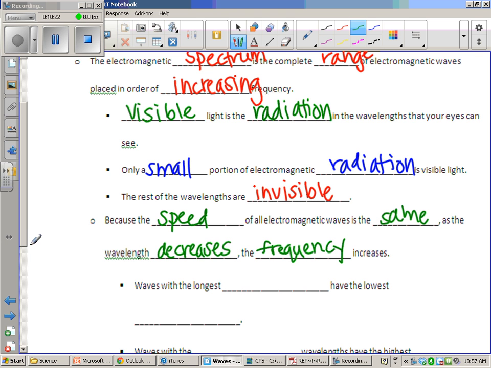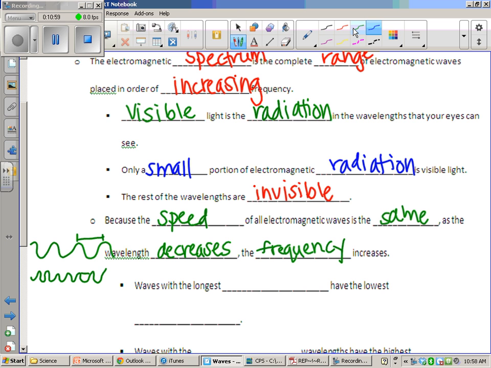So if we're drawing our transverse waves over to the side, we know that if we have a transverse wave where your wavelength is a little bit longer, okay, then your frequency isn't as high. Okay, but we'll draw another transverse wave where the wavelength is shorter, and we can see that because the wavelength is shorter, it's also causing your frequency to increase.